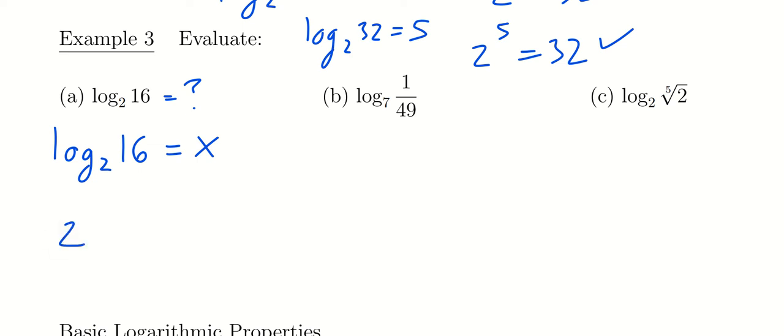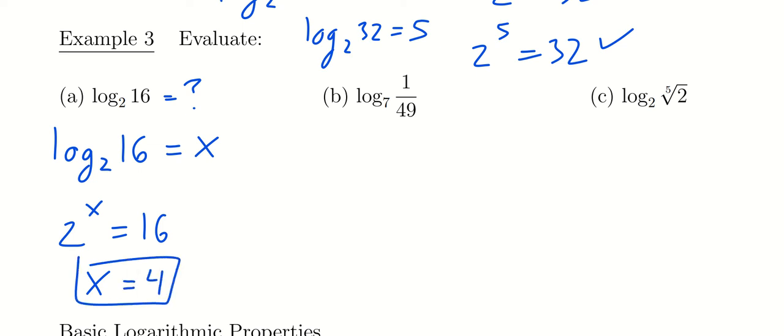The base is 2, the exponent is x, and the value is 16. And now we're just asking the question, 2 to what power would give us 16? The answer is 2 to the 4th. If you do 2 times 2 times 2 times 2, that's equal to 16. So we found that log base 2 of 16 is equal to 4 because 2 to the 4th gives us the value 16.